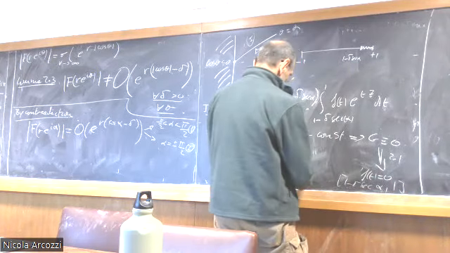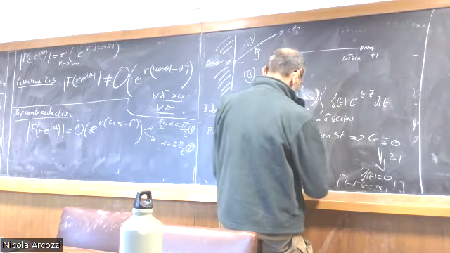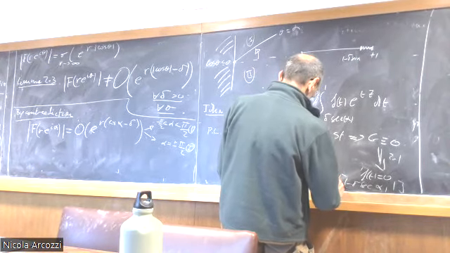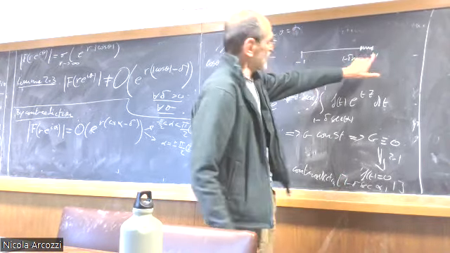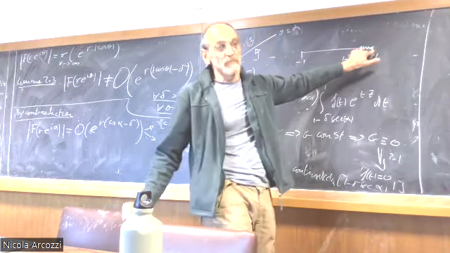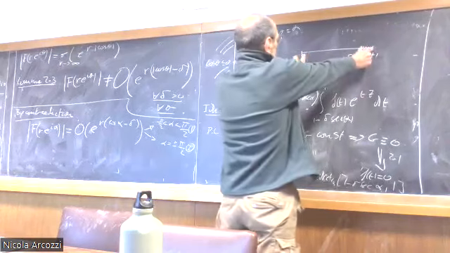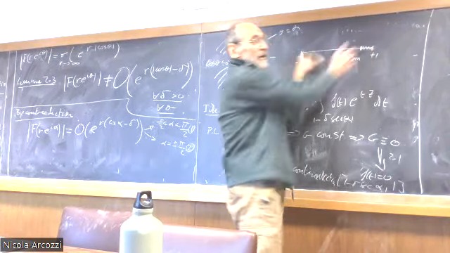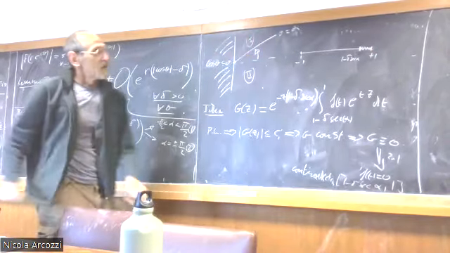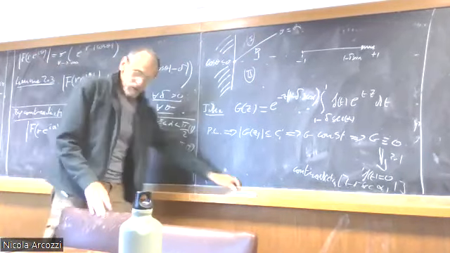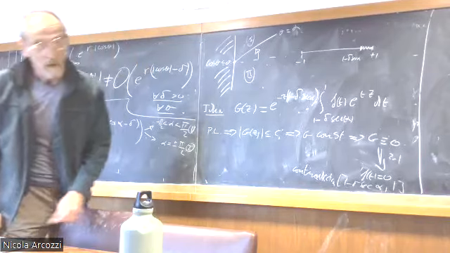But that's a contradiction. Contradiction with the hypothesis that the function is not identically 0 almost everywhere on a small interval. Okay, so how do you get that?